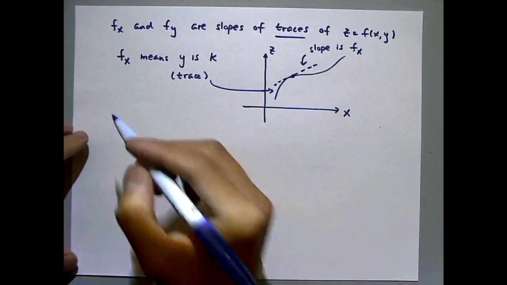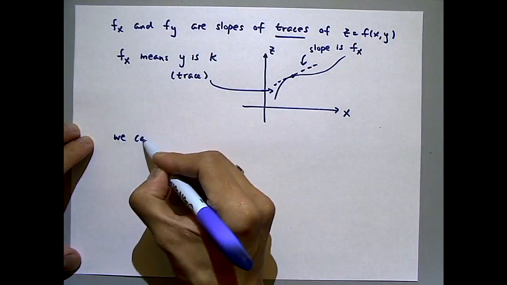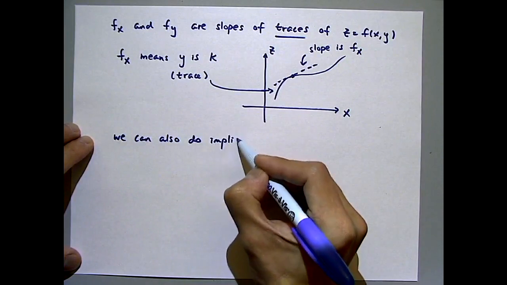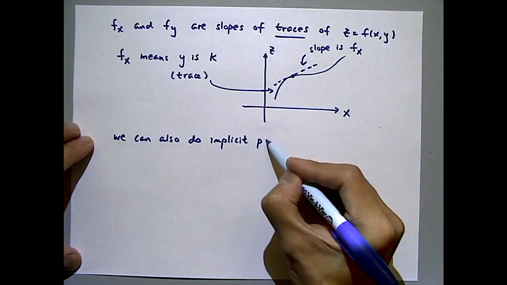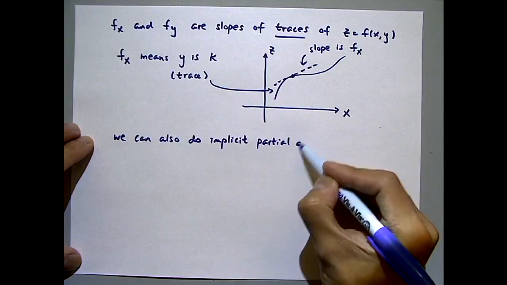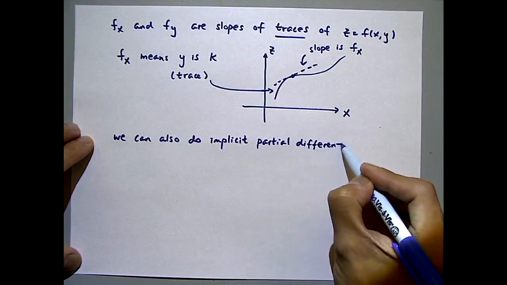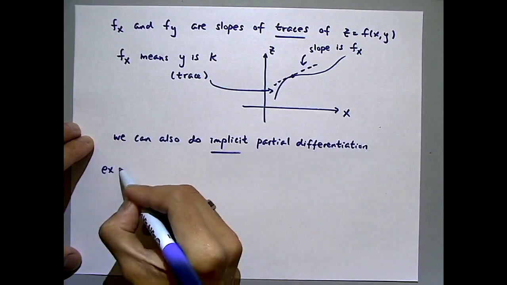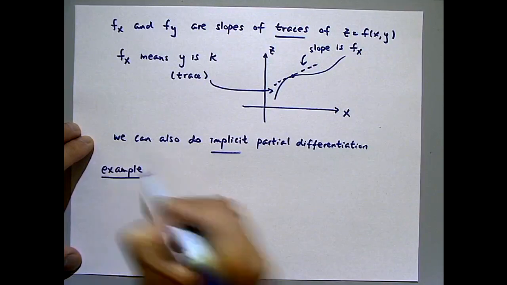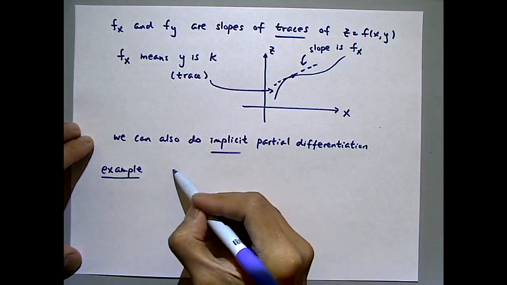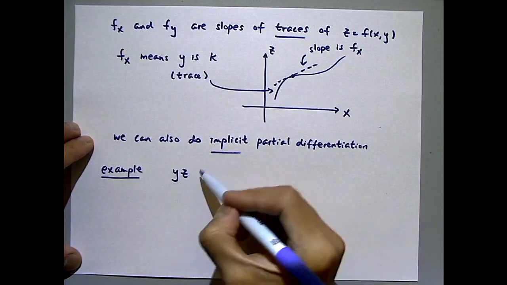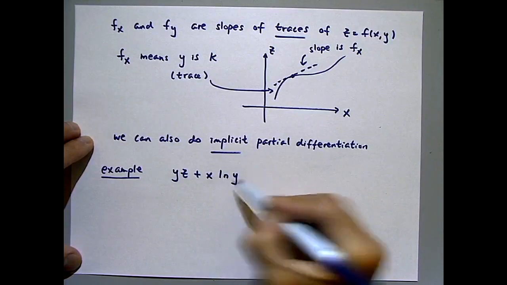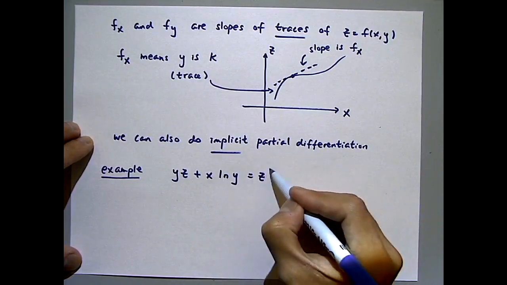Okay, let's do another example here. We can also do implicit partial differentiation. For example, here I have an implicit function: yz plus x natural log of y is equal to z squared.